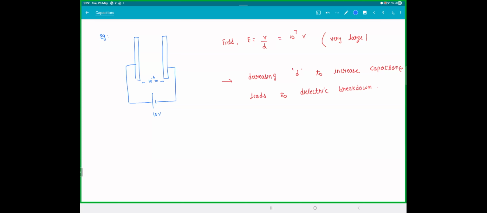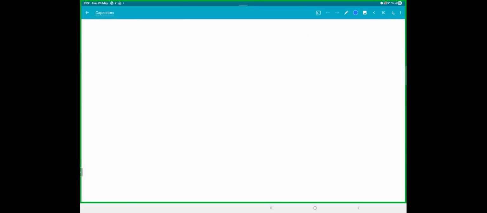All clear with this? Great. Now listen carefully. There are few things now. Like I said, there's a bit of a theory. Once theory is over, we can do a lot of variations. What are all the formulas I taught you till now? Q is equal to CV, C is equal to A epsilon by D, field is equal to V by D. Right? These are the three things we learned.